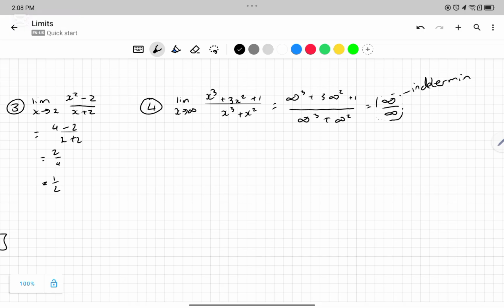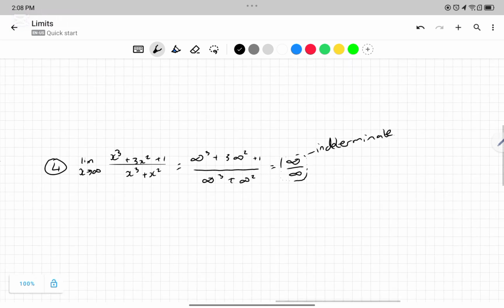Why is it indeterminate? Well, because infinity is like a very large number, right? In each case, it's a symbol used to represent a very large number. In this case, these very, very large numbers may not be equal. So we cannot just say, I know the answer, it's 1, because we don't really know what the values of those infinities are. So we need to solve this in a more basic, simpler way.